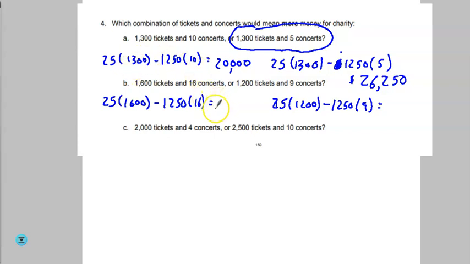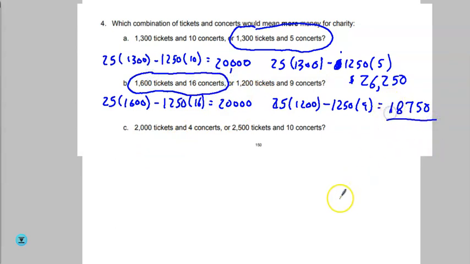Again, that's exactly $20,000. In this one, 25 for 1,200 minus 12.50 for 9, that's 18,750. So we can see this is the better combination. This one doesn't raise enough, or doesn't raise what they're hoping to raise.